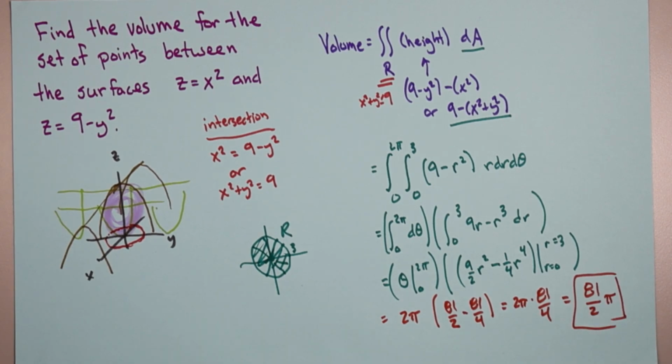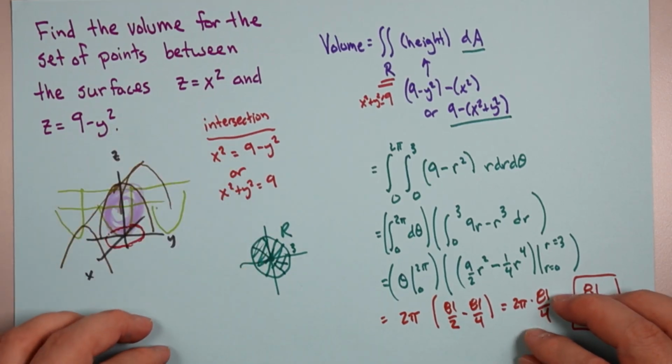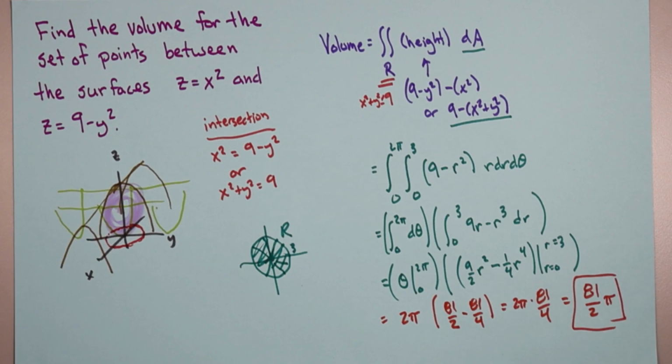And there we go, we found our area. Woohoo! Nice! This is one of those problems where, when you look at it initially, there's nothing that says polar, but as you get into it, you say, oh, I'm seeing x squared plus y squared, I'm seeing a circle, and when you start seeing these things, you say, polar.